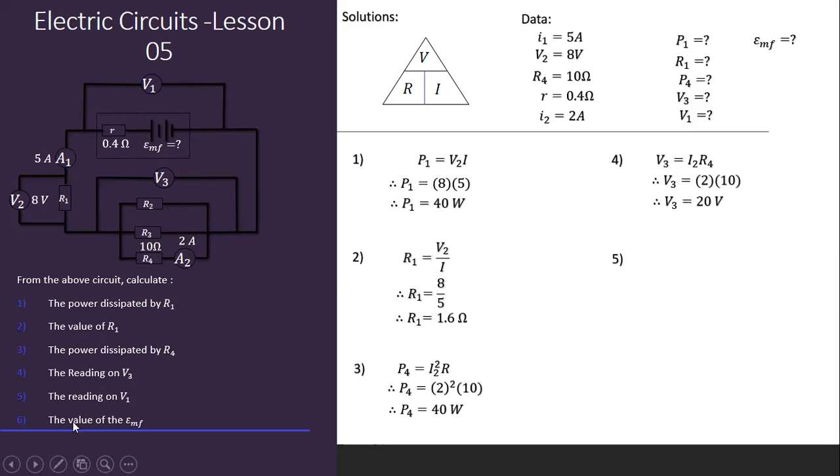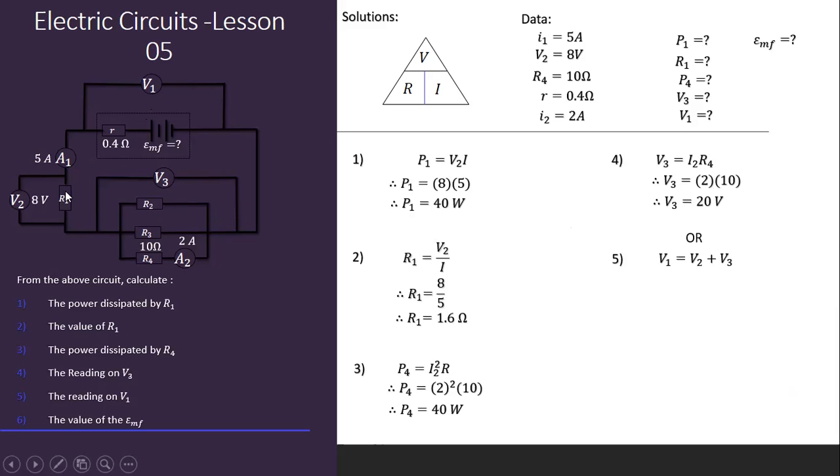Now, let's look at question 5. We have to determine the reading on V1. Remember, V1 reads the total external voltage. Okay, so now let's look at what it is that we have.